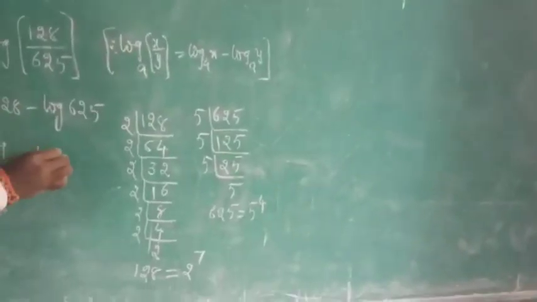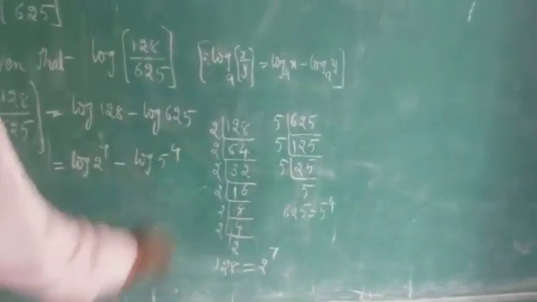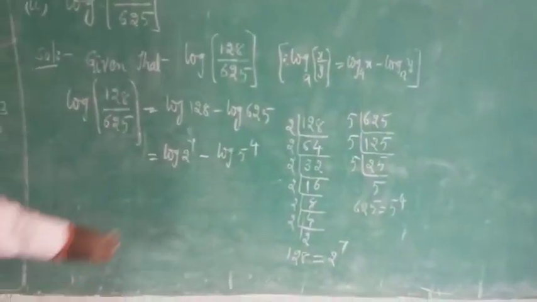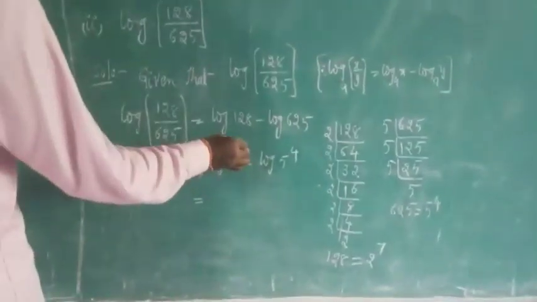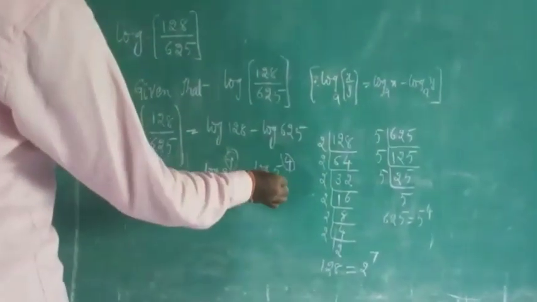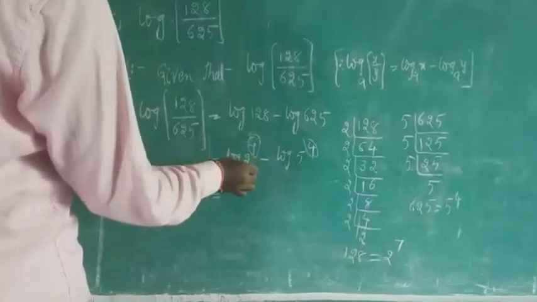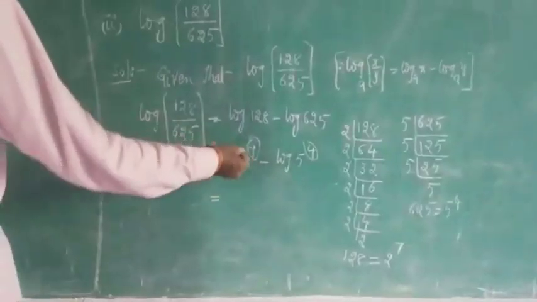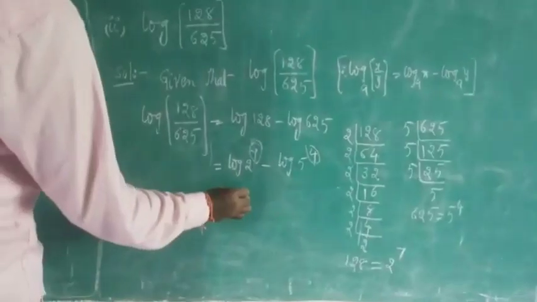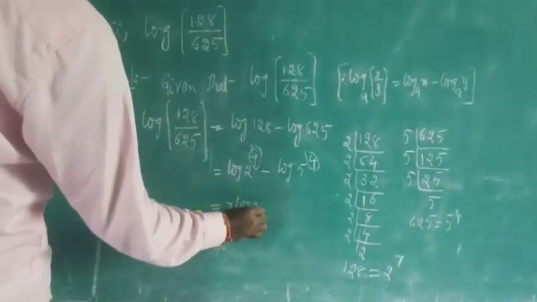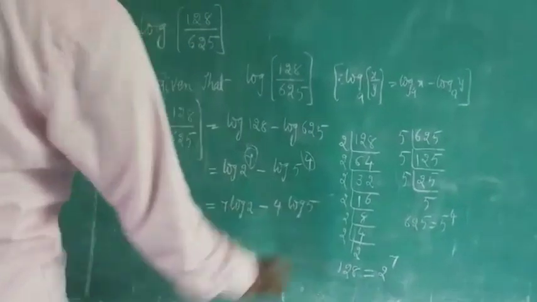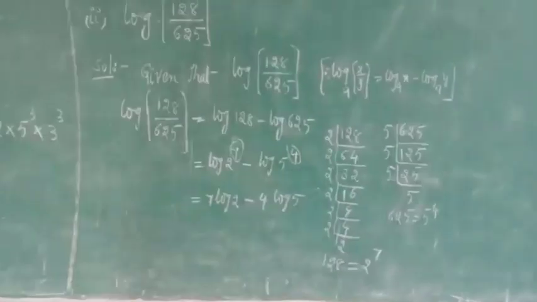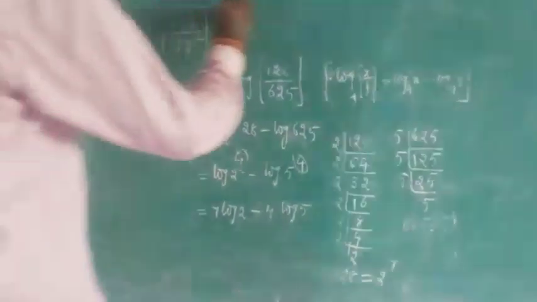So log 5 to the power of 4. Here is the power rule. 7 is the power for 2 and 4 is the power for 5, and these will come in front of the log. So 7 log 2 minus 4 log 5. So this will be the answer.